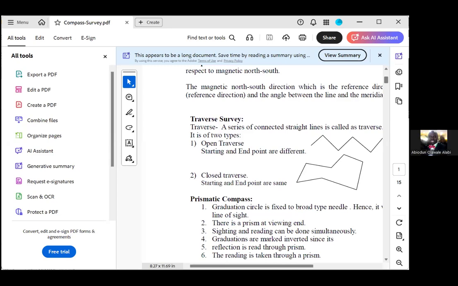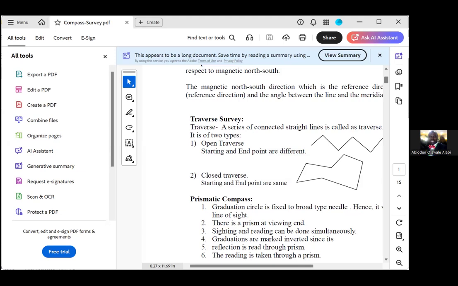Any other conditions? The area should be level ground. It shouldn't be too wide, sir. So I hope you know the conditions. So I think that is all.